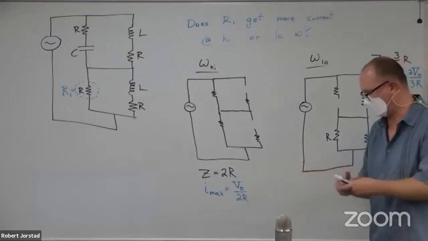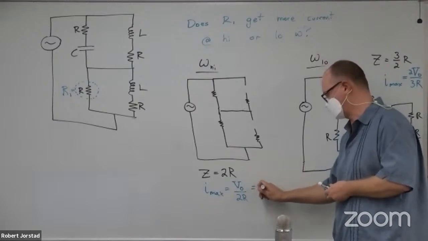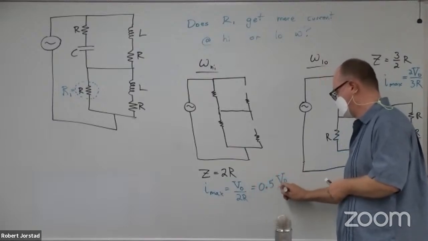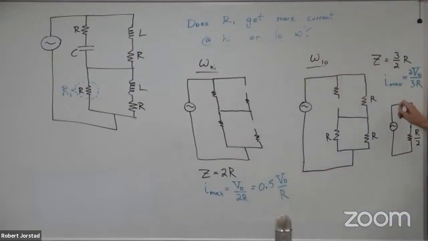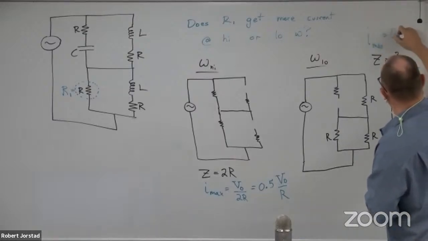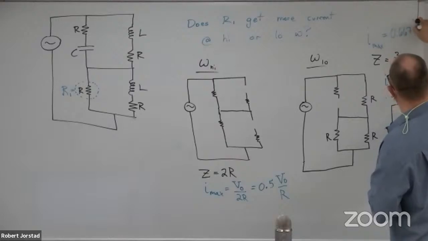It used to be 0.5. This is where decimals help. Do you agree? You agree this says I max equals 0.667 V naught over R?